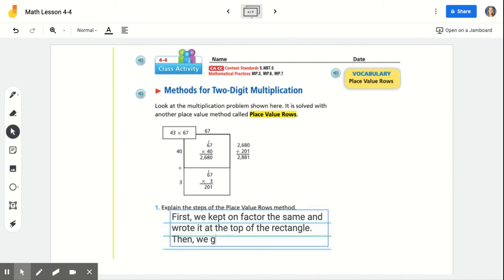Then we broke the second factor into place value sections. So first we kept 67 the same. Then we looked at the other factor of 43 and we broke it up into 40 plus 3.